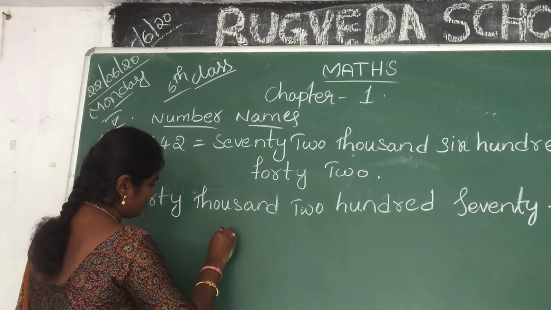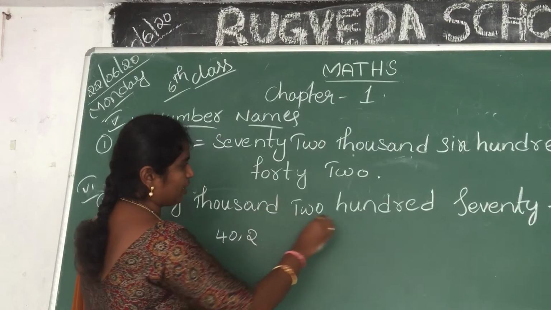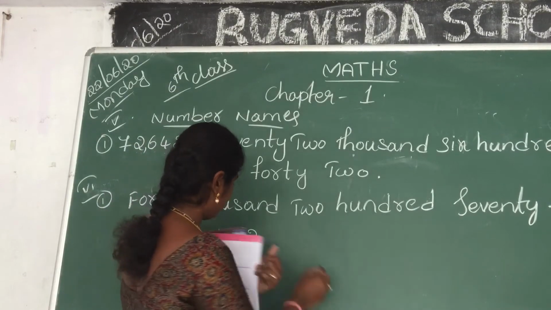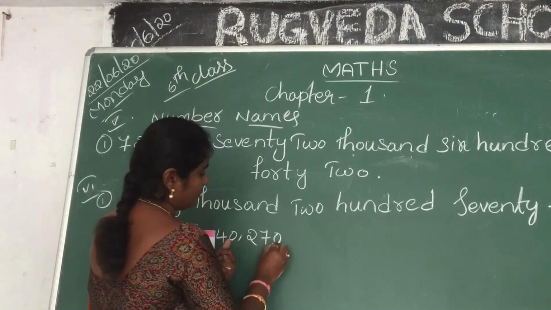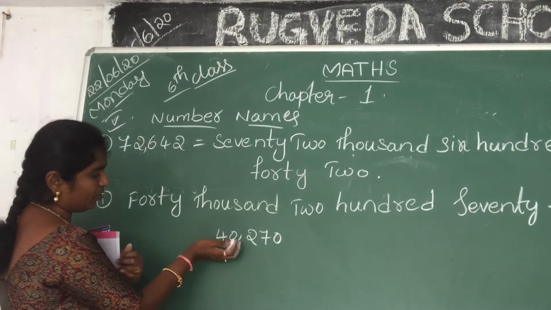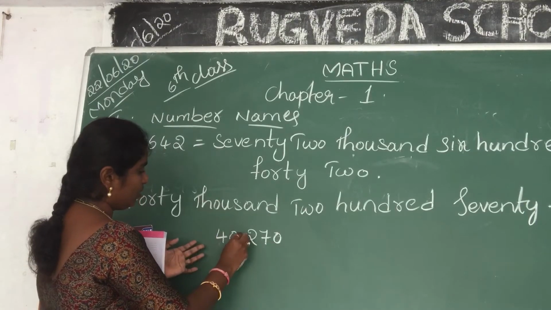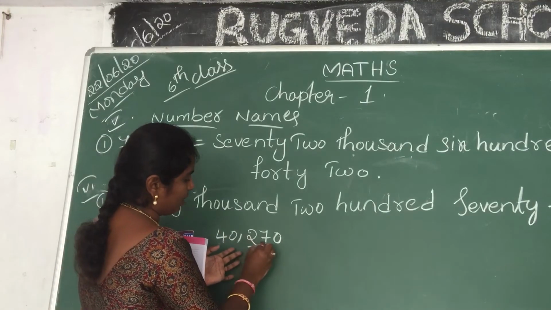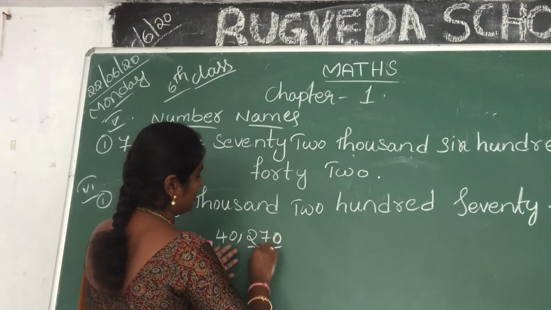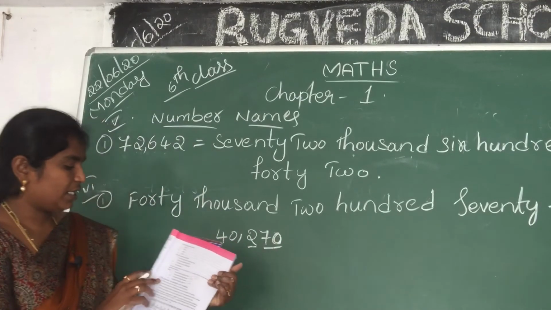Thousands place 40,000. 200, hundreds place, 270, 70. So 40,000 means 40 is in the thousands place only. No, check ones, tens, hundreds, thousand, 10,000. 40,270. Ones place nothing is there, no. So I kept here 0. So this is the sixth bit.